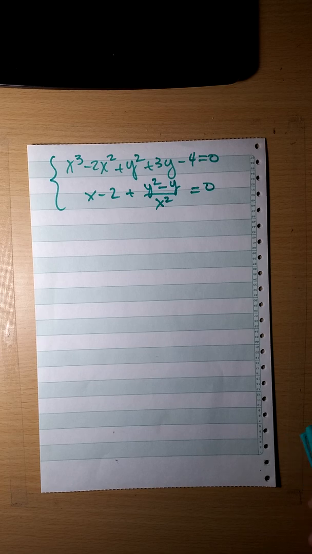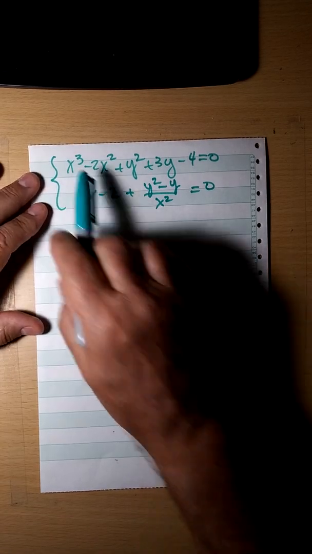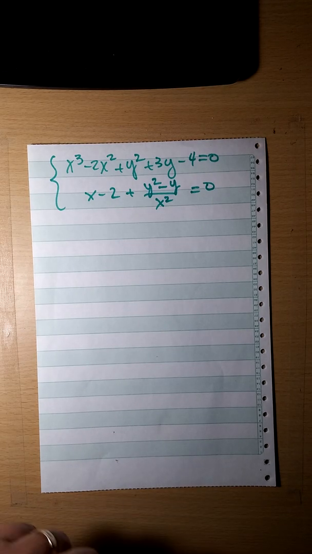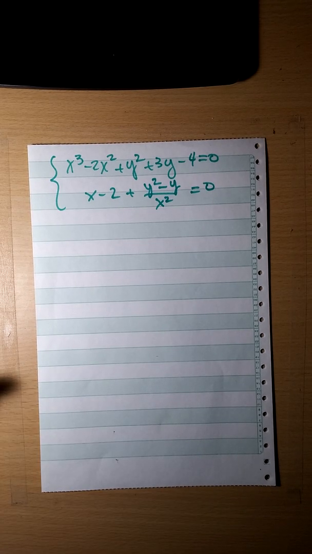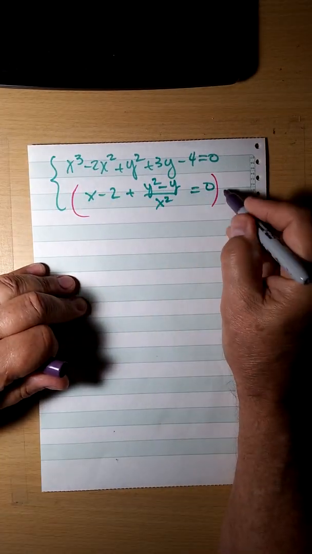So what if you had this situation? Well, sometimes, and you don't know until you try, you can get rid of some of these powers of variables. And if you get lucky, that will happen. Let's see if we get lucky with this one. I'm going to multiply the second equation, everybody, by x squared.